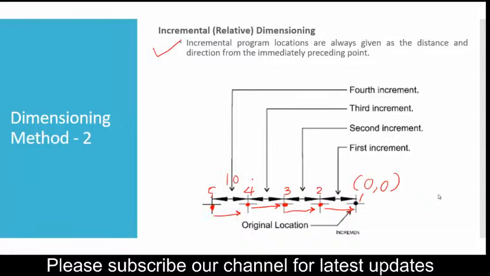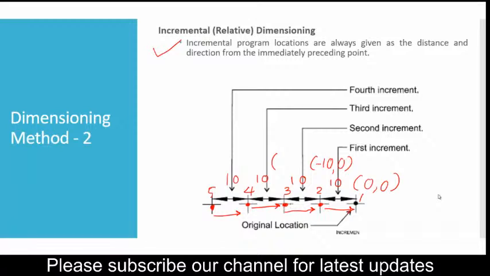Now let us assume that all these gaps are of 10 mm. It simply means that all the points are spaced at a distance of 10 mm. Now suppose that point number 3 should be measured from point number 2.